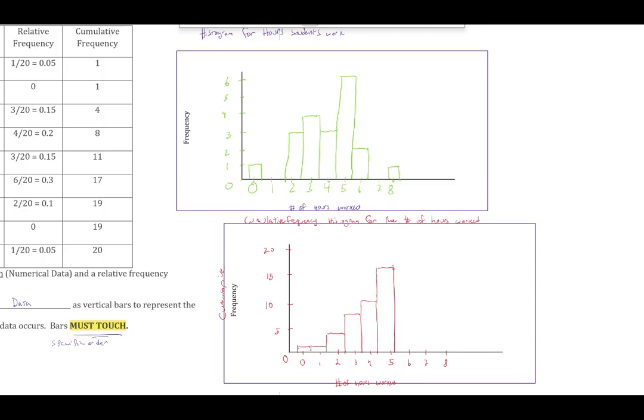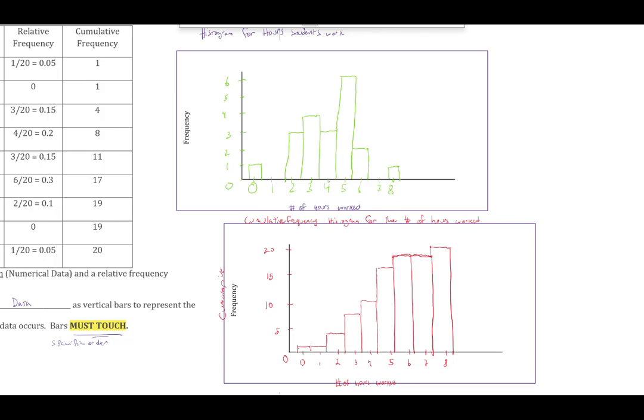For 6, it has to go up to 19, so just shy of the 20. 7 is going to stay at 19 rather, and then 8 is going to go up to 20. Let me fix this one here. Should be the same height all the way across.